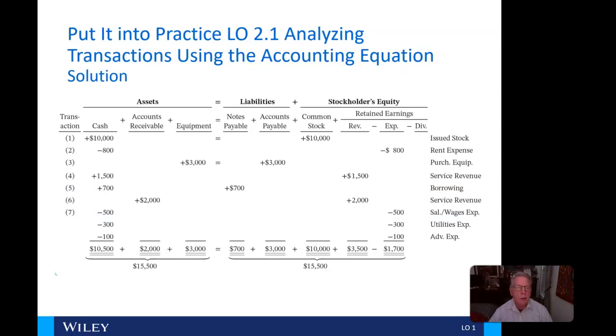So if we look at that, we have this lovely diagram here where we have done all those journal entries and how it hits the accounting equation.